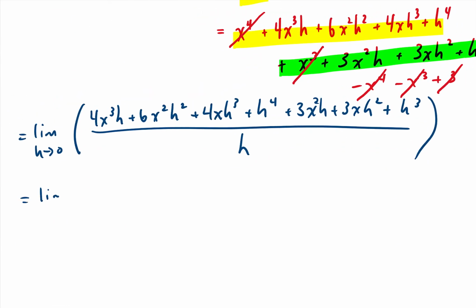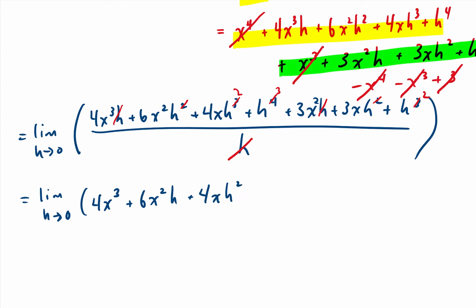So this is equal to the limit as h approaches 0. Notice there's a common factor of h in each of these terms, so I can take out h here, and h here, and h here, leaving one here, one here, and one here. And that'll cancel this h here, and we're left with 4x cubed plus 6x squared h plus 4x h squared plus h cubed plus 3x squared plus 3x h plus h squared.